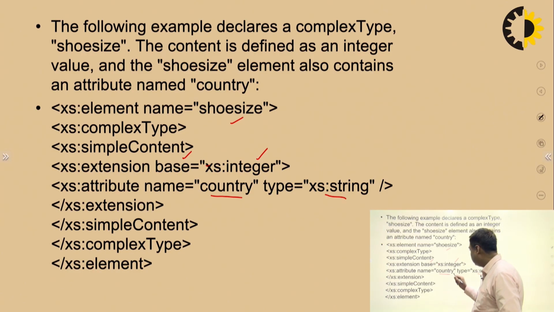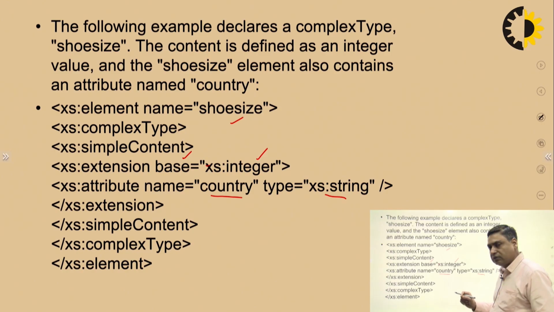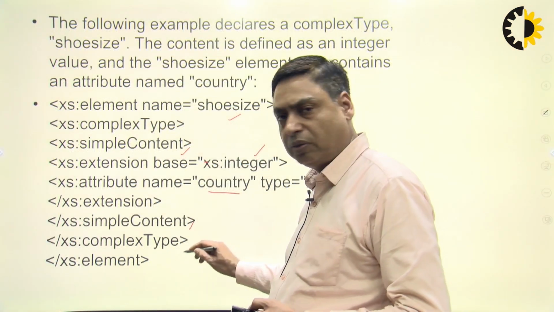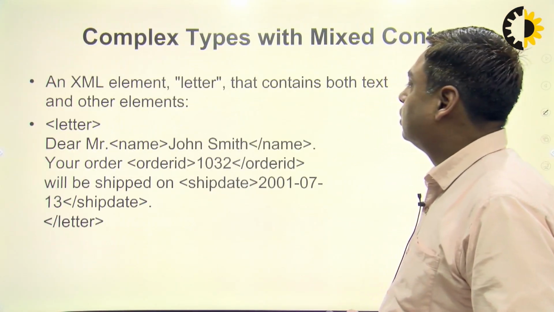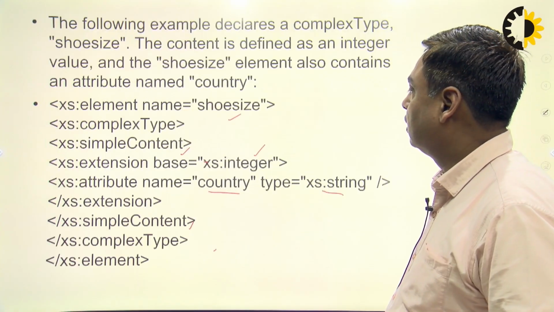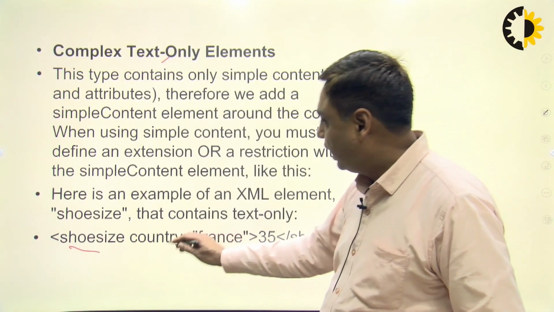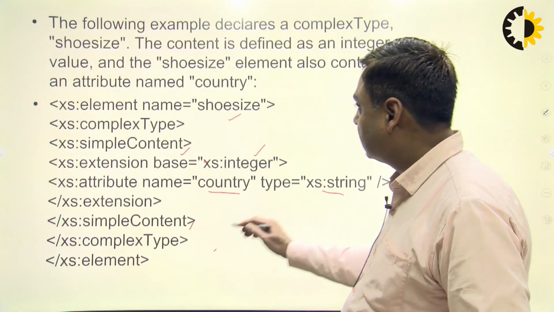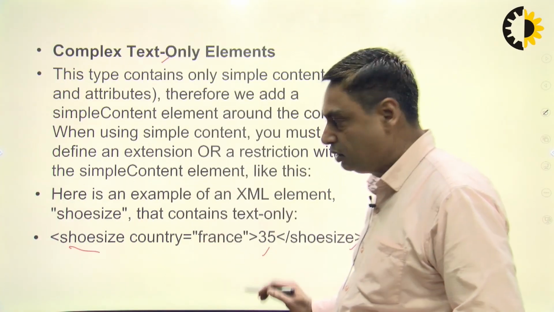The name of the attribute is country and the value of country is of type string. Within the element the content type will be integer, but within the attribute the content type should be string. So we have closed simple content and complex type. This is how we define the XML schema. It is an XML file, and the XML schema for the XML file is defined here.